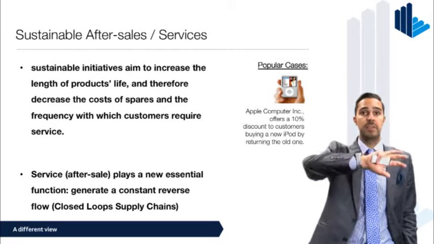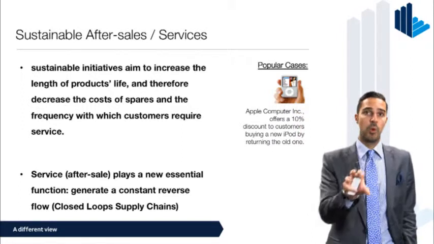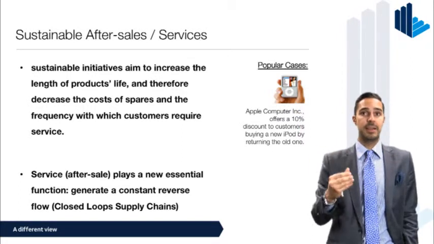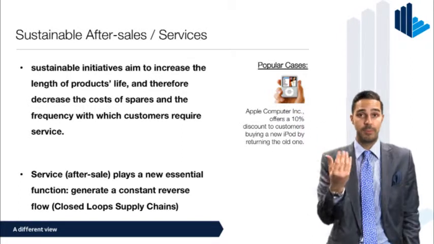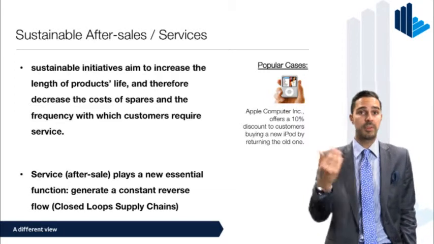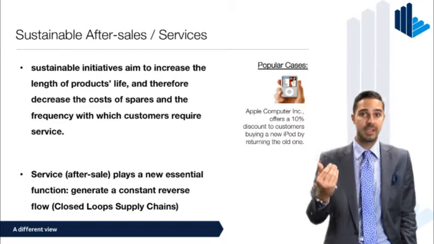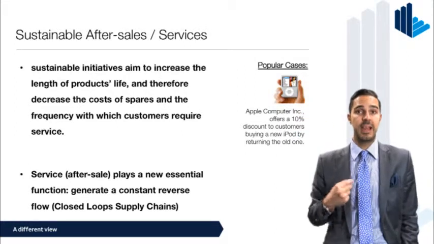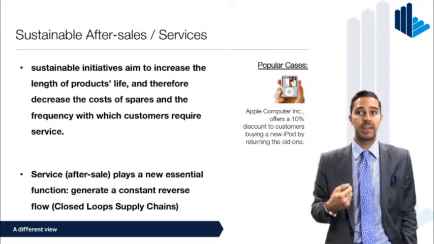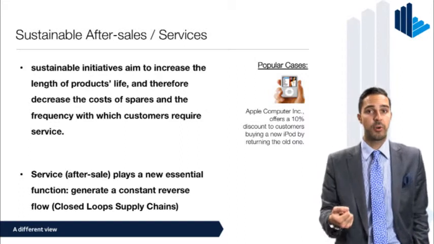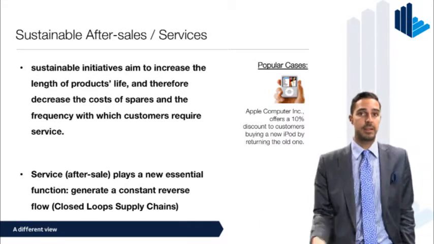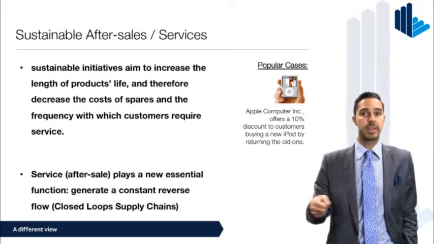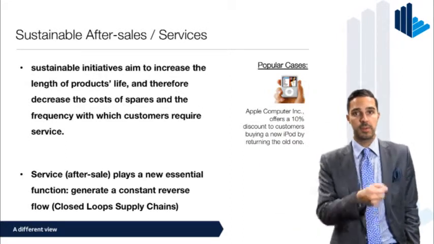So basically you have two supply chains working in parallel, presenting opposite flows of materials. And basically the connection is typically the after sales unit. They are the ones collecting the products at the end of the life and basically governing this reverse supply chain.